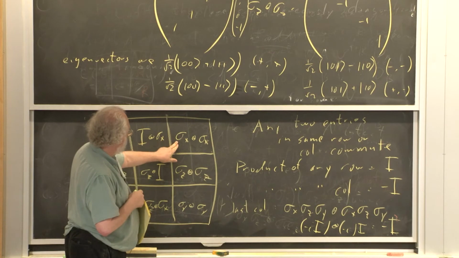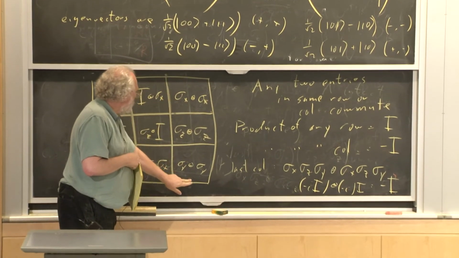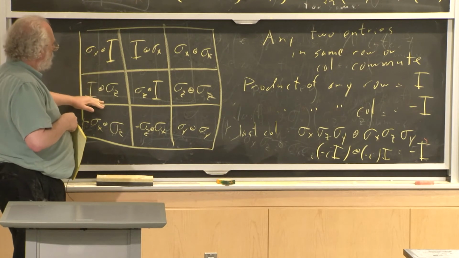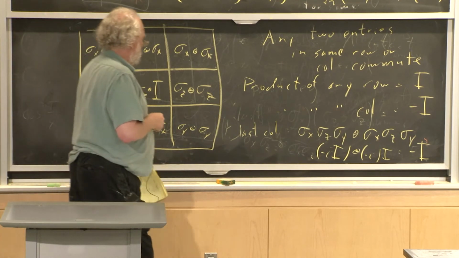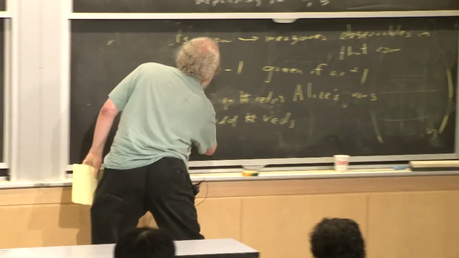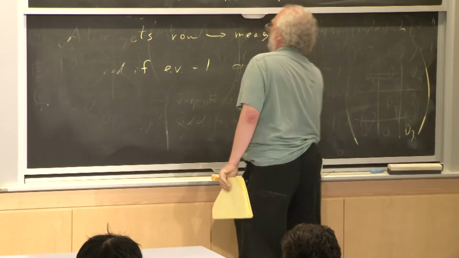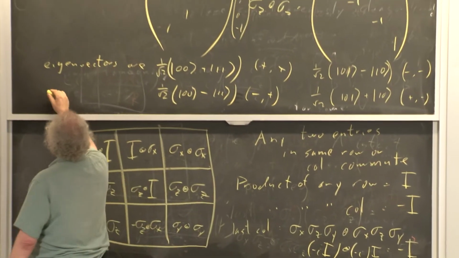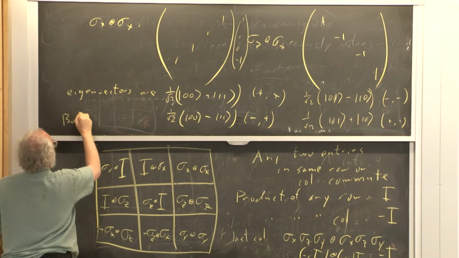So if Alice measured this row and Bob measured, let's say, this row, so this is Bob, column 3.